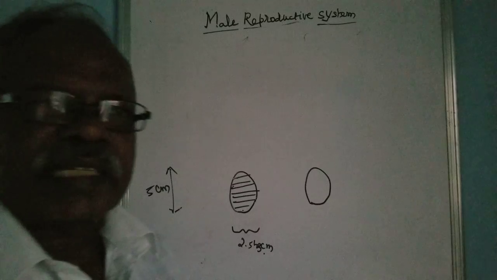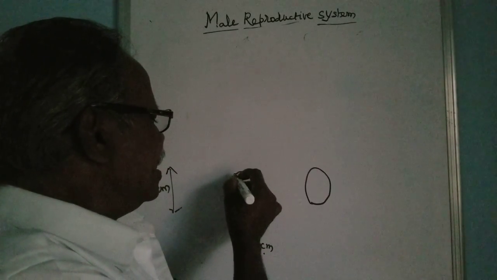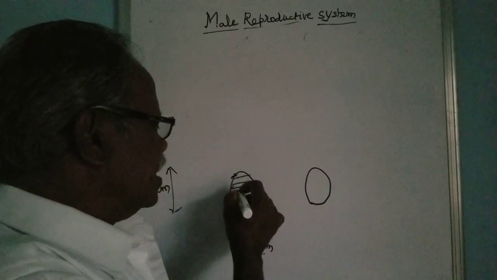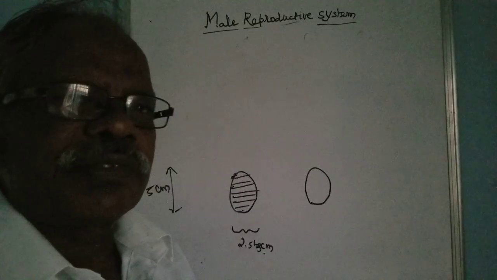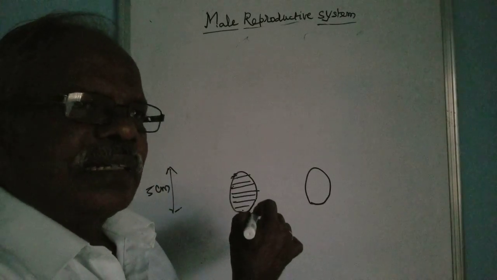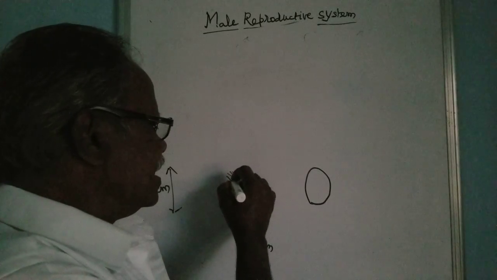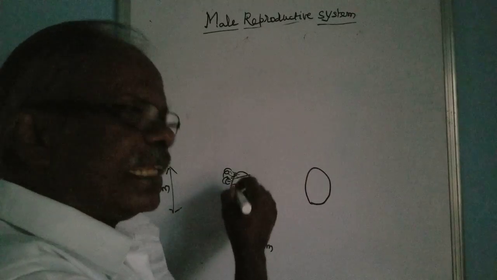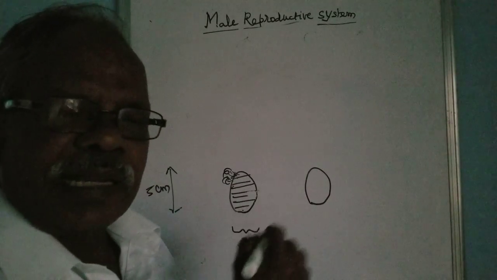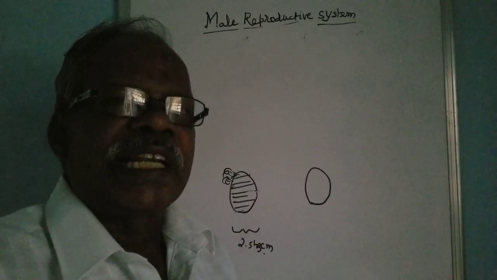From the rete testis, the vasa efferentia, about 25 from each testis, small tubular structures, emerge. Then it curves on the anterior side, and that curved portion of the tube is known as the epididymis.